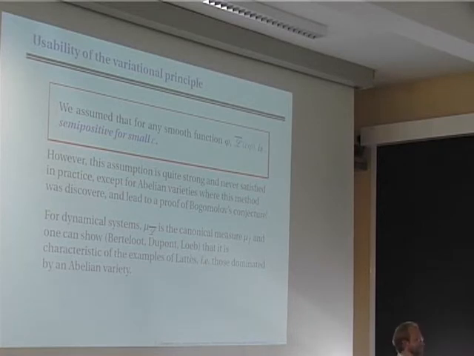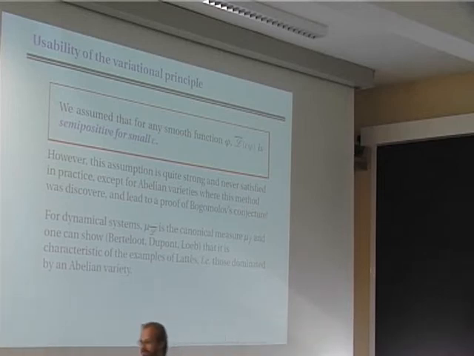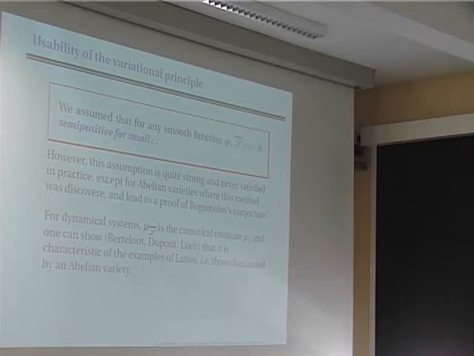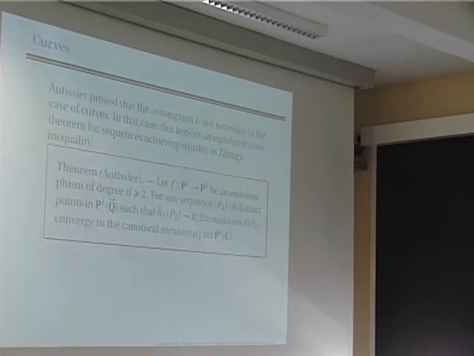Unless the dynamical system comes from an abelian variety, where you don't need all that because you already know equidistribution by the case of abelian varieties. So it is a major obstacle to use Zhang's inequality to prove equidistribution for a dynamical system. Anyway, Autissier proved in his thesis around 2000 that the positivity assumption is not necessary for curves because he could prove an inequality of Hilbert-Samuel type without any positivity assumption.